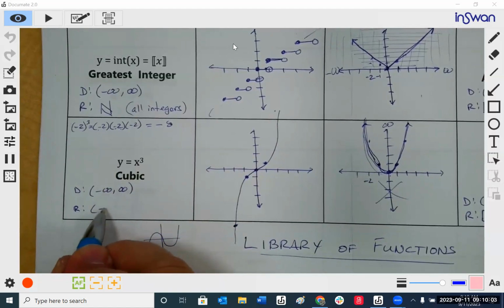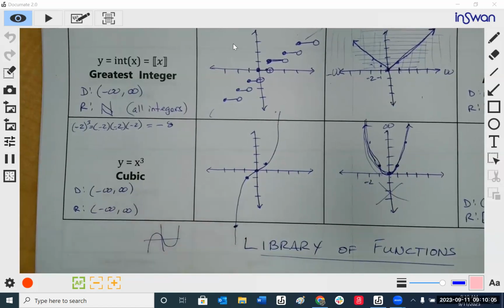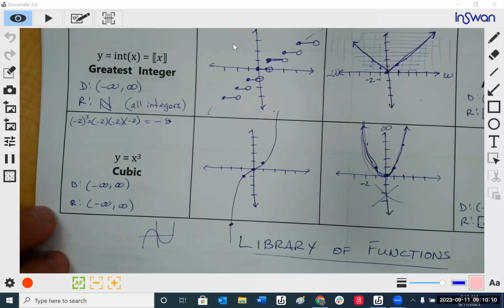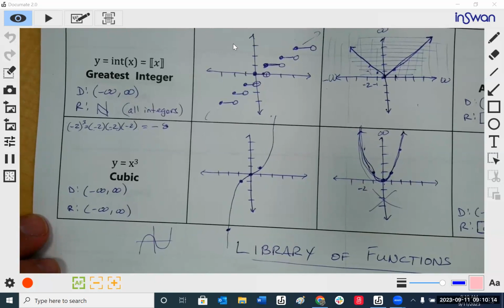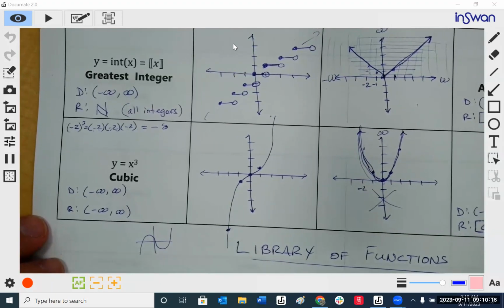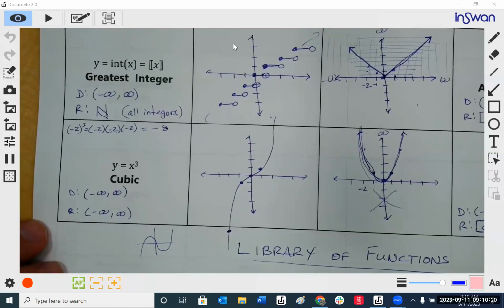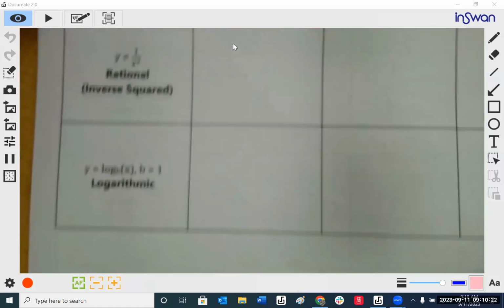Same thing. Very good. All right, turn the page.